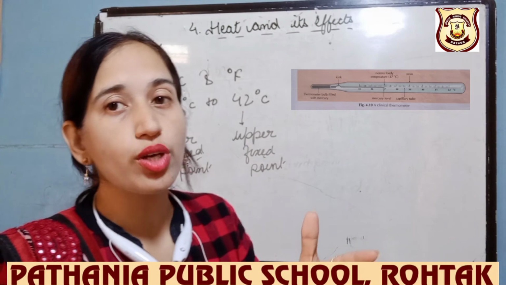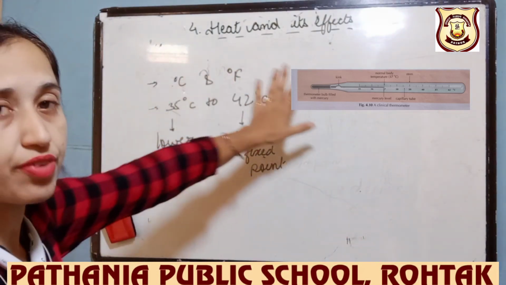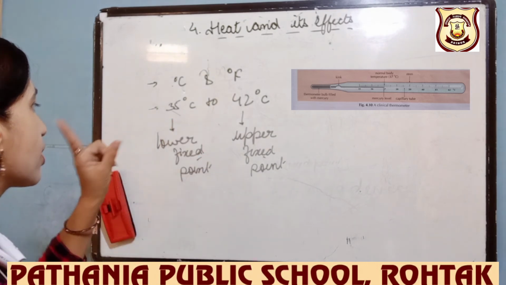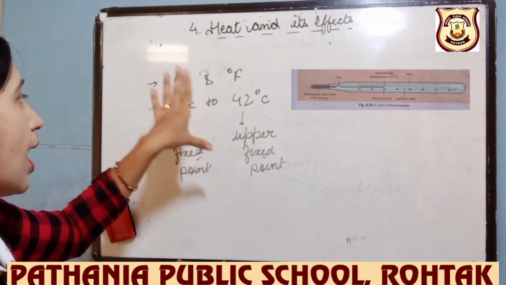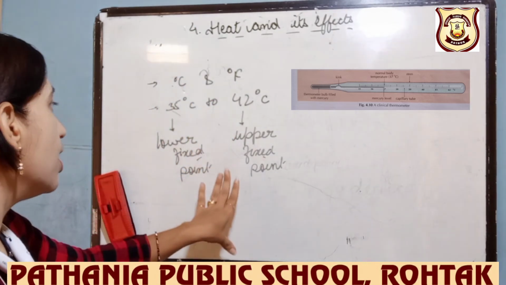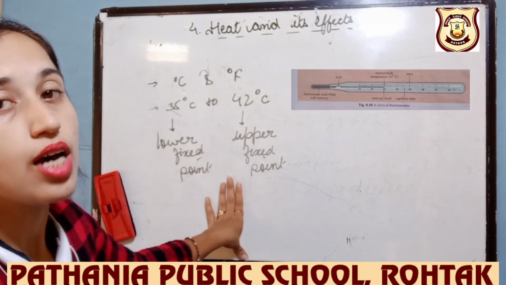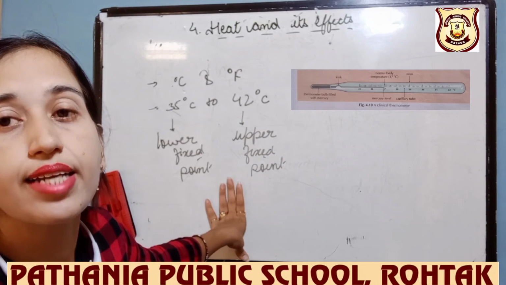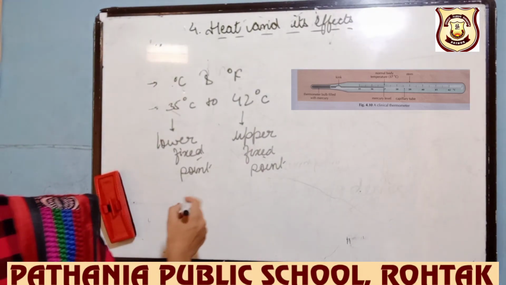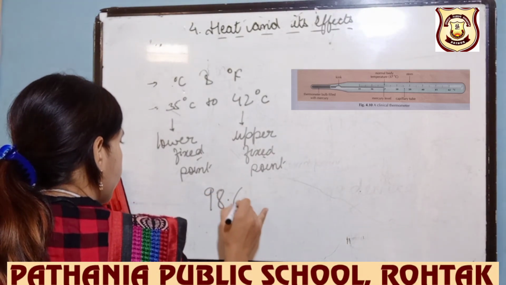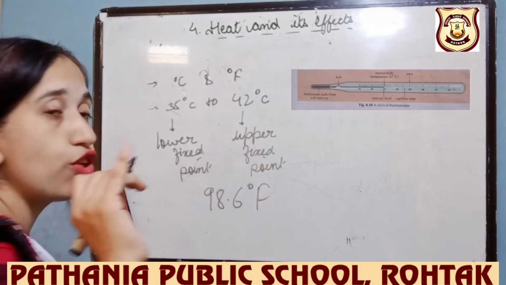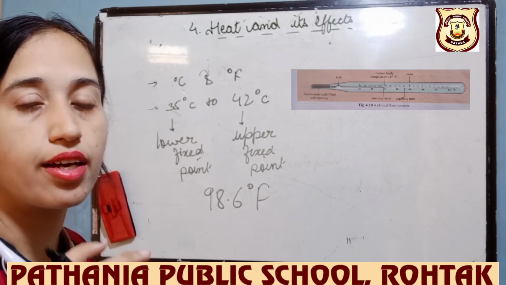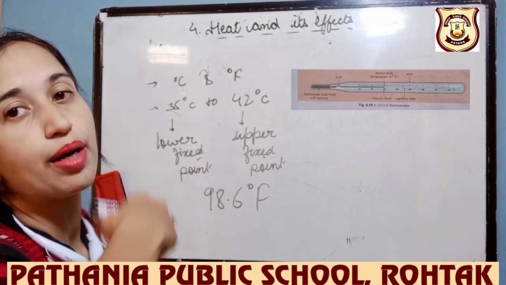And the range, it is having Celsius and Fahrenheit again. In Celsius, 35 degrees Celsius is the lower fixed point and 42 degrees Celsius is the upper fixed point. Means above 42 degrees Celsius it is not going to be reached. That is 98.6 in Fahrenheit. It will not exceed due to the kink in the clinical thermometer, means mercury will again come down.